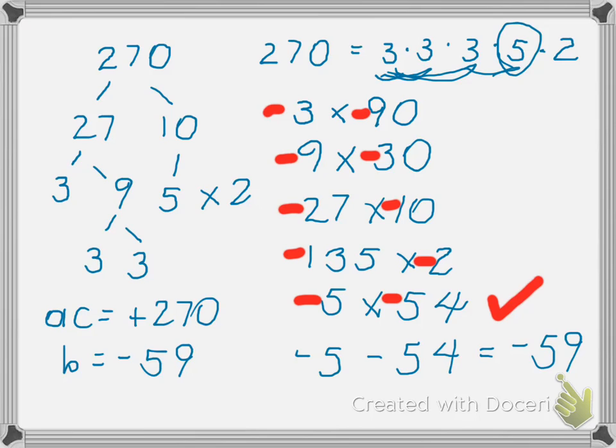And on the next slide, we're going to use that to rewrite our trinomial with 4 terms so that we can then factor it by grouping. So our original trinomial was 9x squared minus 59x plus 30.